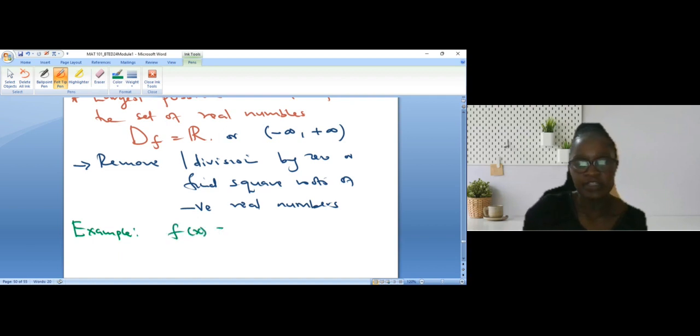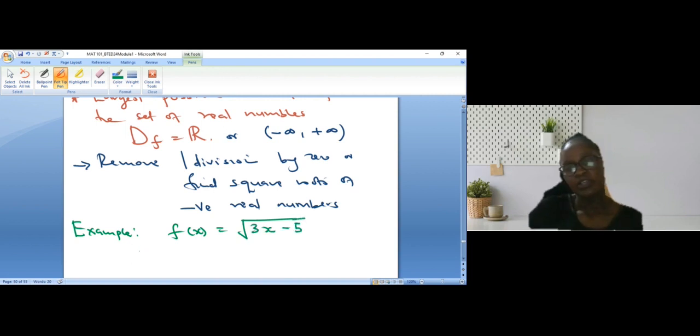So, for example, take f of x to be the square root of 3x minus 5. Can we find the domain? You start with the larger set. Take R and ask yourself, at which values would the function be undefined? Our function is a square root function, so the function is undefined if it requires us to find the square root of a negative real number.